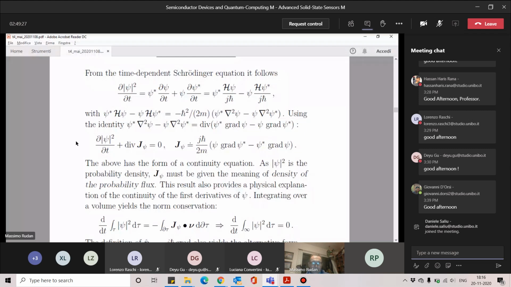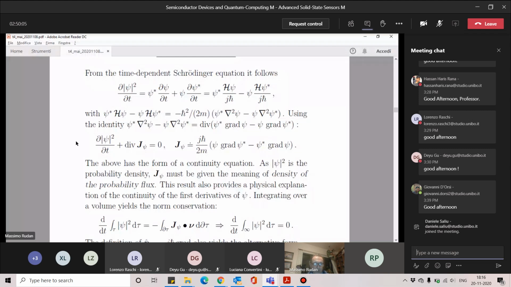So the Schrödinger equation, that was the only ingredient used to derive this result, is such that after manipulation we can transform it into a continuity equation for the probability density. It follows that if this is the continuity equation for the probability density, you remember what happens when you have the continuity equation for particles.